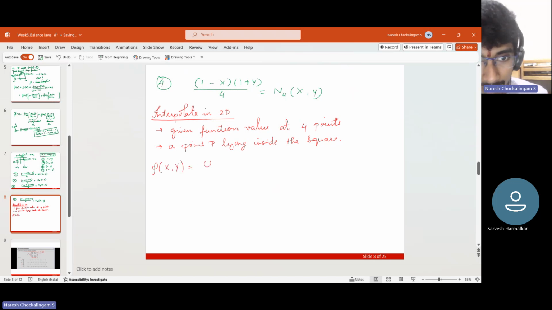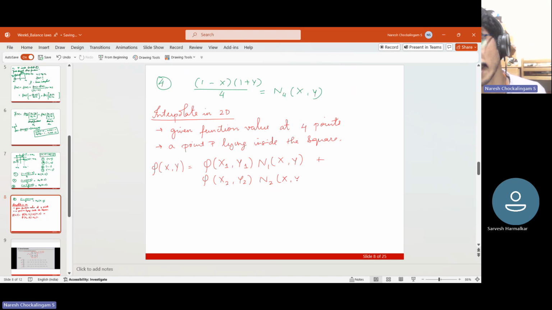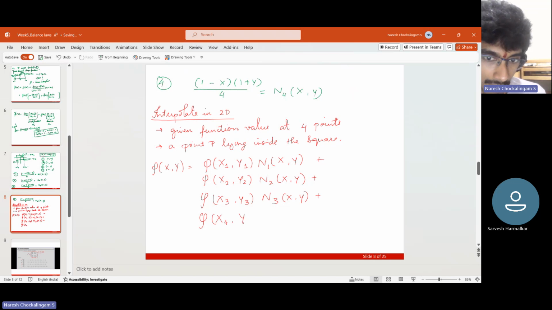It is phi of x1 comma y1 times n1 of x comma y plus phi of x2 comma y2 times n2 of x comma y plus phi of x3 comma y3 n3 of x comma y plus phi of x4 comma y4 n4 of x comma y.